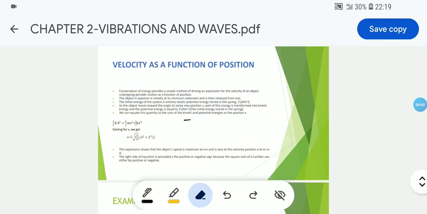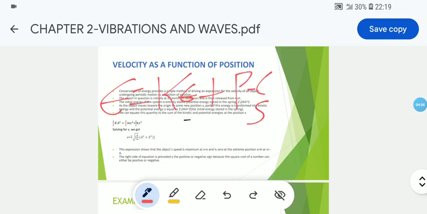If you're dealing with a spring, or a simple harmonic oscillator like a spring, the mechanical energy is just the kinetic energy plus the elastic potential energy. This is what you should keep in mind.